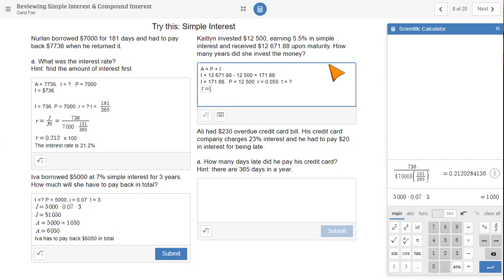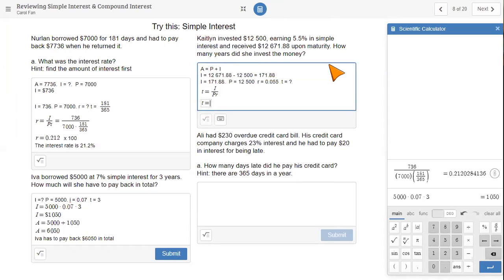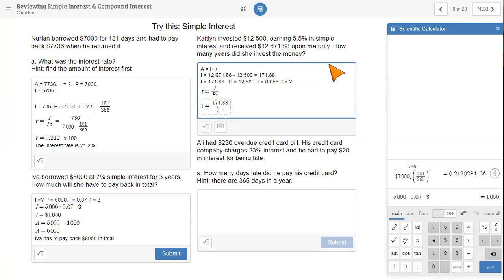Okay, so let's substitute it in our equation. T is equal to I over P times R. Okay, so T is equal to 171.88 divided by 12,500 times 0.055.